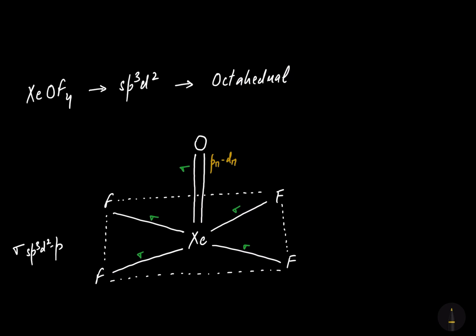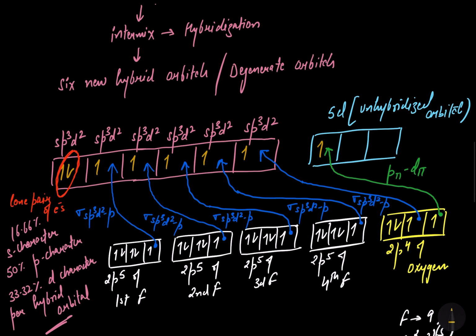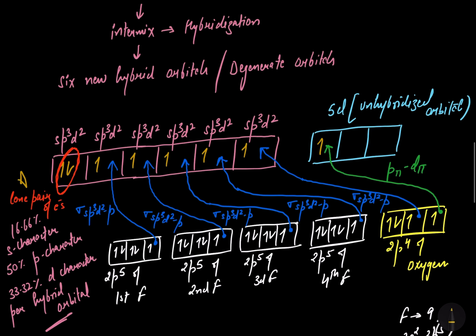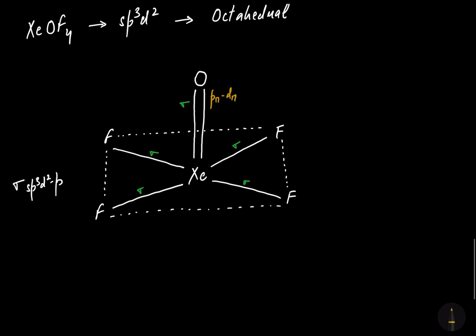Now at last we are left with the lone pair which is present in one of the sp3d2 hybrid orbitals. So let's make its arrangement in the structure. The lone pair is going to occupy one of the axial positions in the structure. While naming the structure we have to ignore the lone pair. In general, we do not consider the lone pair.